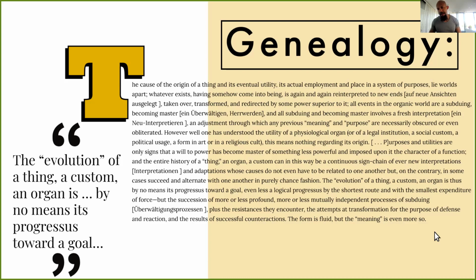The evolution of a thing, says Nietzsche, a custom, an organ, is thus by no means its progress towards a goal, or even less, a logical progress by the shortest route and with the smallest expenditure of force, but the succession of more or less profound, more or less mutually independent processes of subduing, plus the resistances they encounter, the attempts at transformation for the purpose of defense and reaction, and the results of successful counteractions. The form is fluid, but the meaning is even more so.